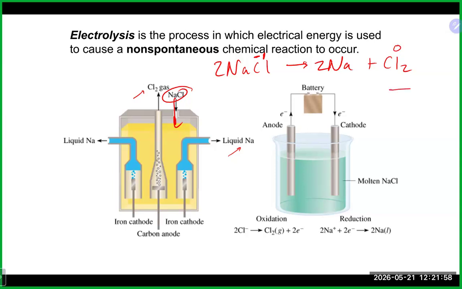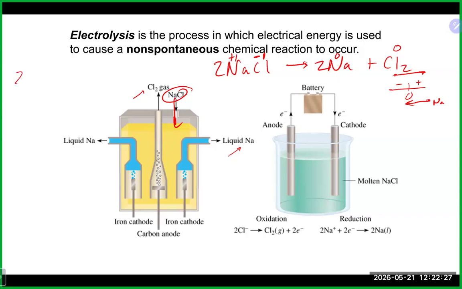So in this case, our chlorine is going more positive and going through oxidation, while the sodium is starting at +1 and ending at 0. So our sodium is becoming more negative, going through reduction, and it's actually the cathode. That is completely opposite of what happens when you make the ionic compound.